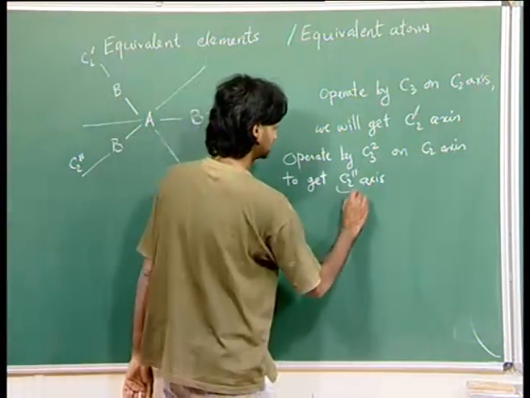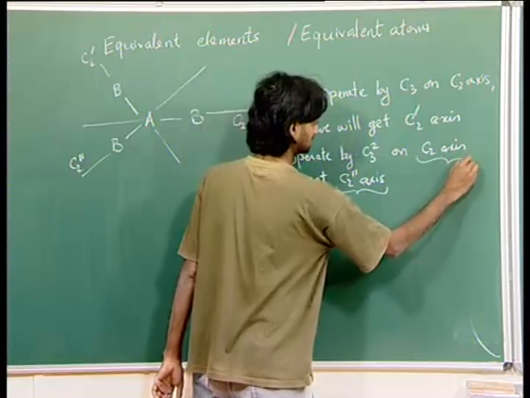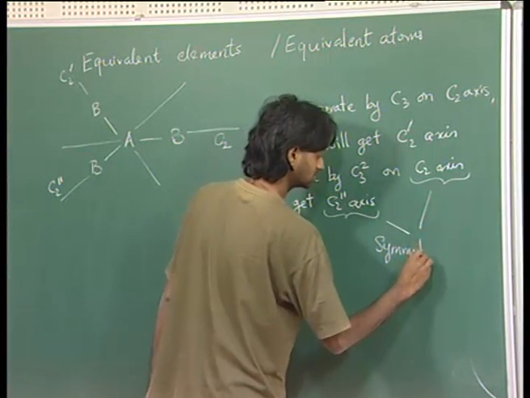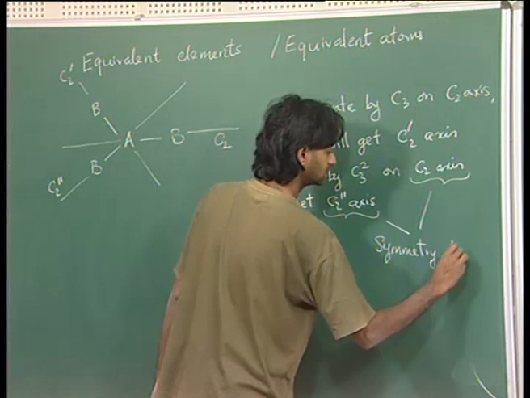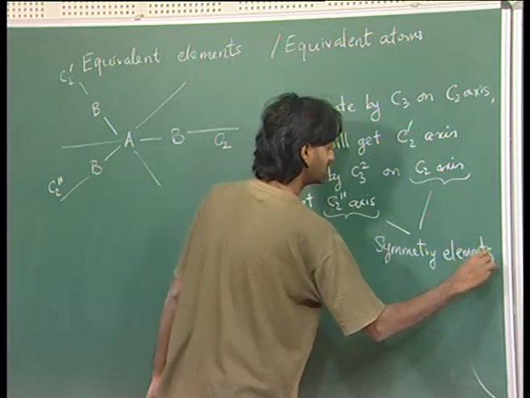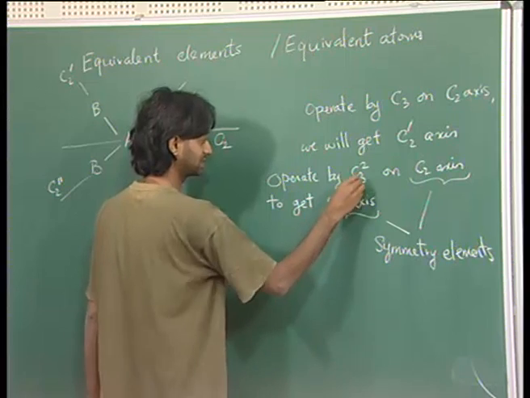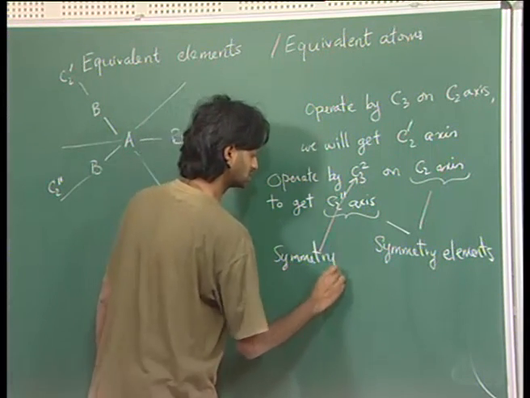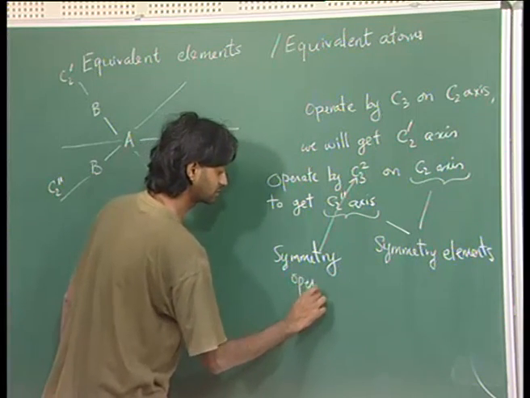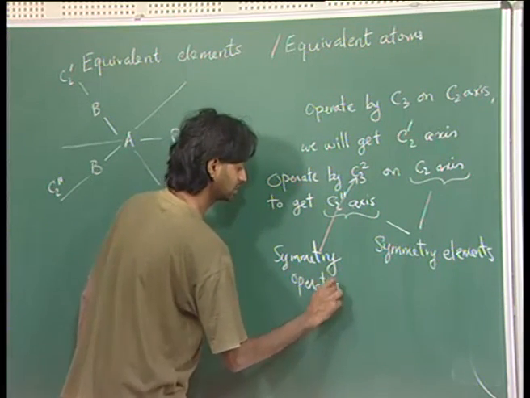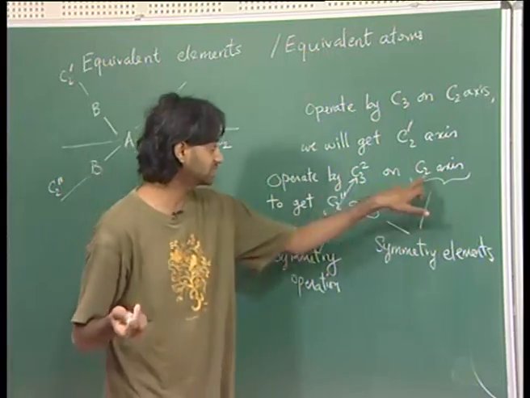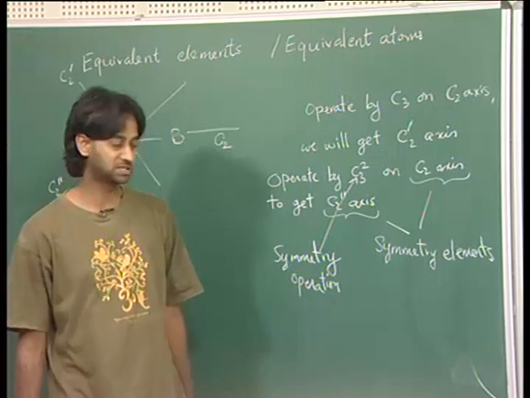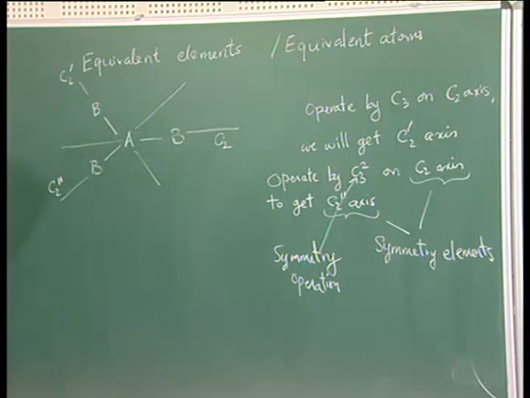So these are symmetry elements, whereas this is a symmetry operation. So, you operate by C3 square on the C2 axis or the C2 symmetry element to get a C2 double prime symmetry element.